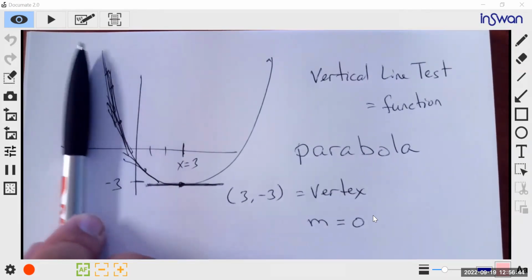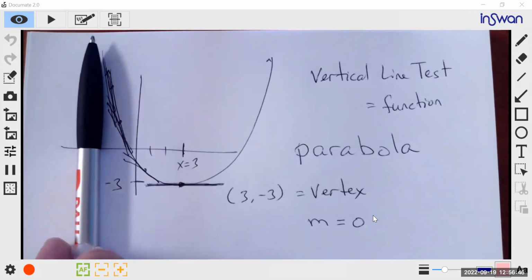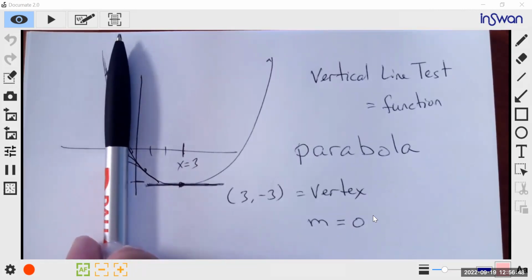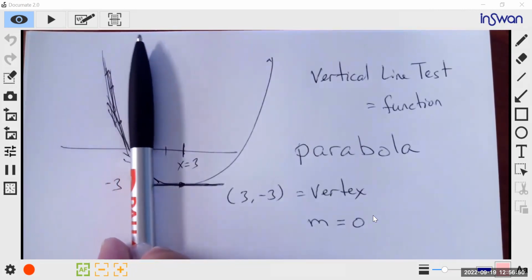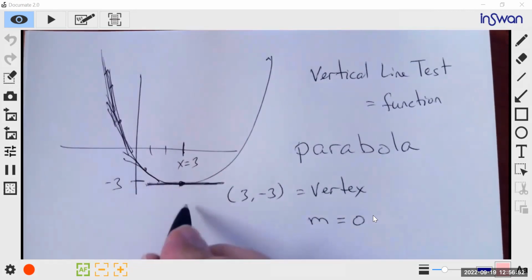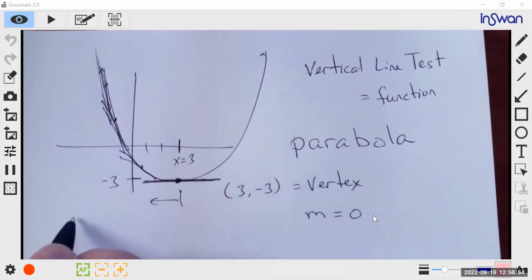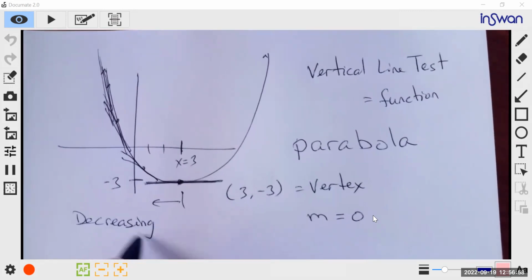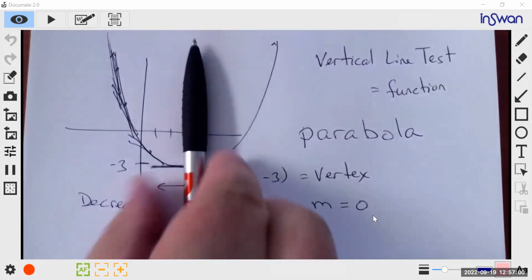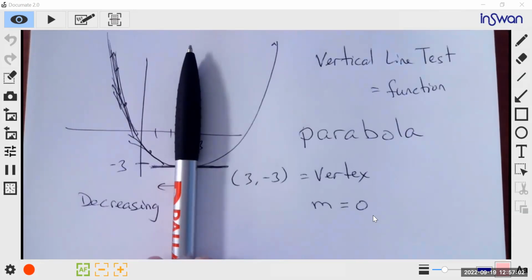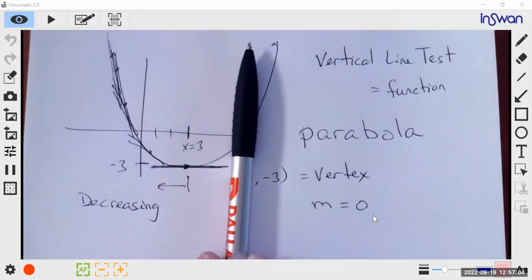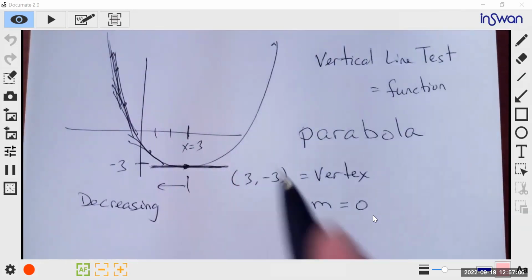Decreasing. Because look at the graph along my pen. It's going further down. So on this side, it's decreasing. At the vertex, it's 0. And then when I keep on going this way, what's happening to the graph now? It's increasing.